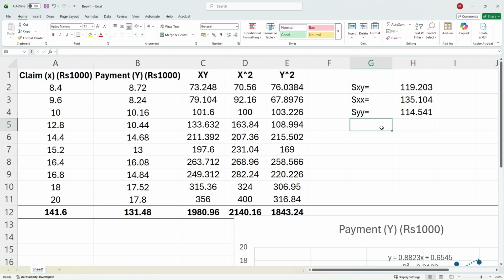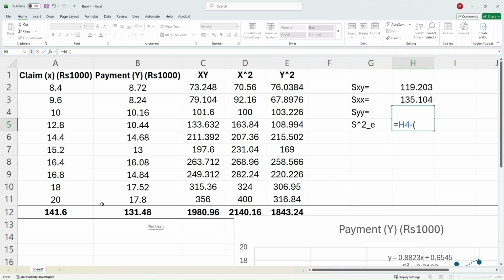Now, if you want to compute the s squared e, you will need to take the sum of squares of y minus the sum of squares of xy, sorry, squared, divided by the sum of squares of x.